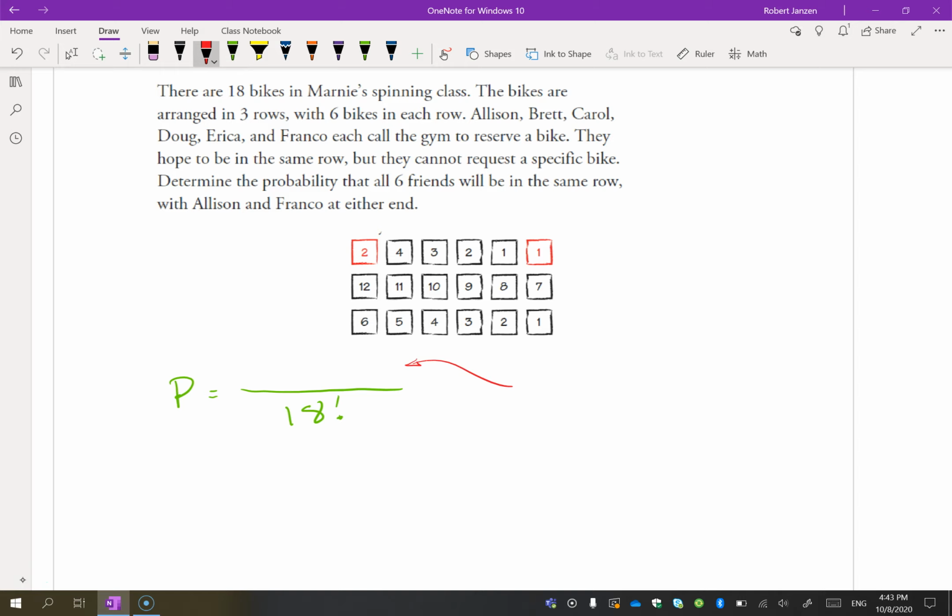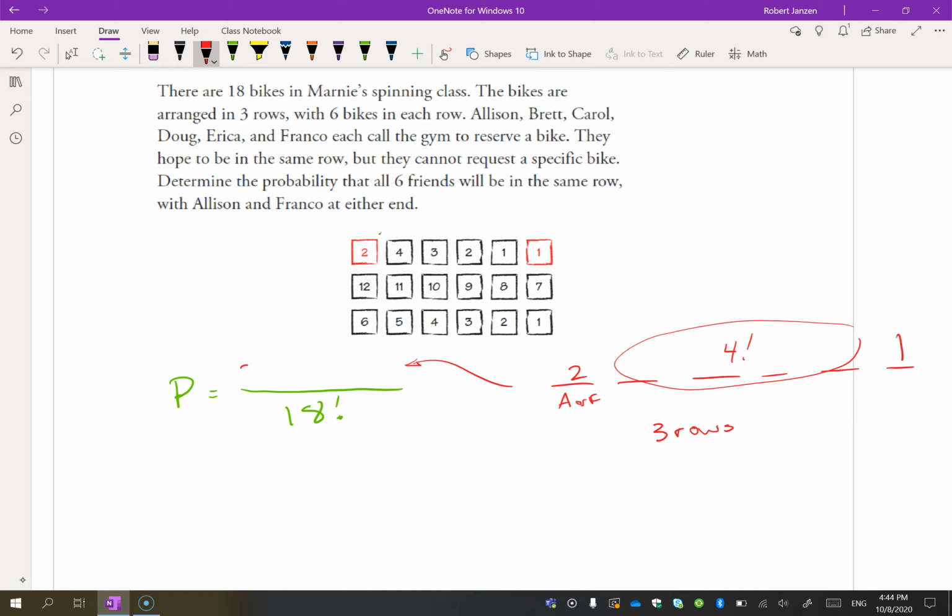So let's put this scenario down here. Let's look at one row. It says that Allison and Franco are at an end. So Allison or Franco could be here, then the other one has to be here. And since all the friends want to be together, the rest of them, the 4 of them, would be here. So this is the number of ways that they could be arranged in a row. But the problem is there are 3 rows.